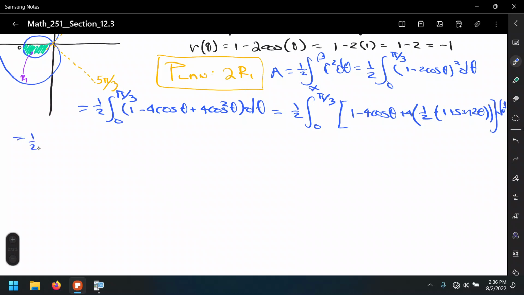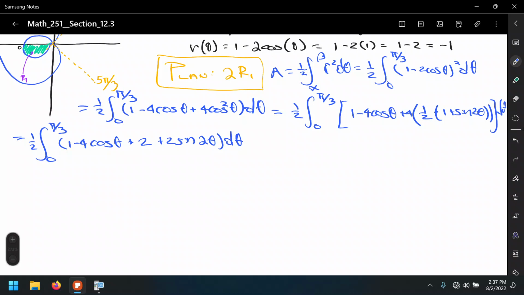Okay, so this will be 1/2 the integral from 0 to pi over 3 of 1 minus 4 cosine theta plus 4 times 1/2, which is 2 rather, but this 2 distributes with the 1 and the sine 2 theta, so 2 plus 2 sine 2 theta d theta. And let's combine like terms for now.